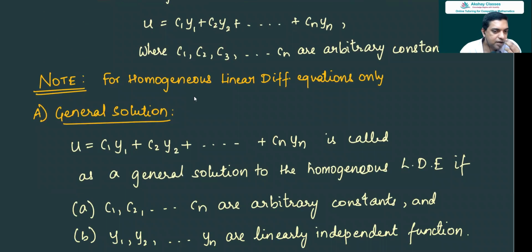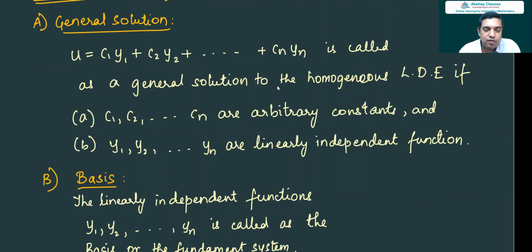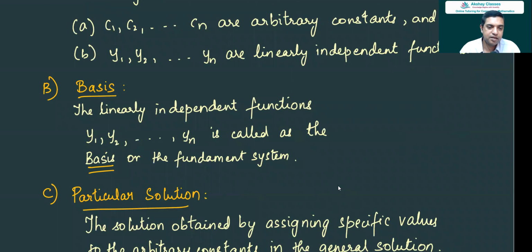Now this is the complete solution, or the general solution, of a homogeneous differential equation. C1, C2, Cn are arbitrary constants, and y1, y2 up to yn are linearly independent functions. They are not dependent. One cannot be written as a multiple of another, or as a linear combination of the others.